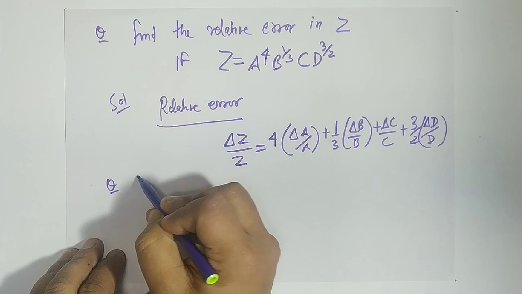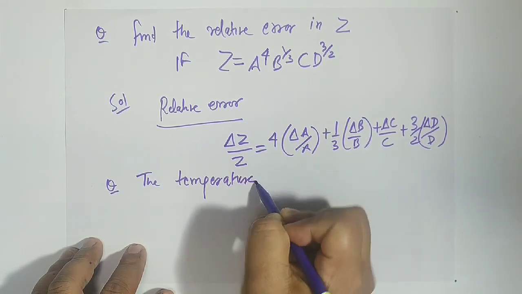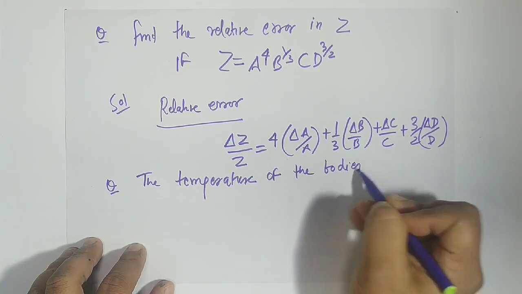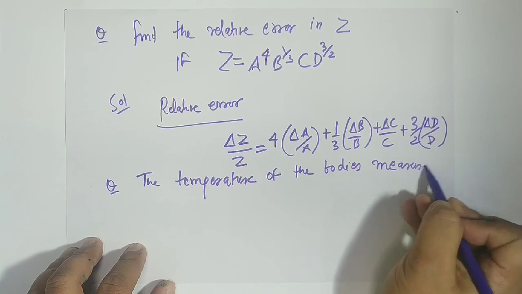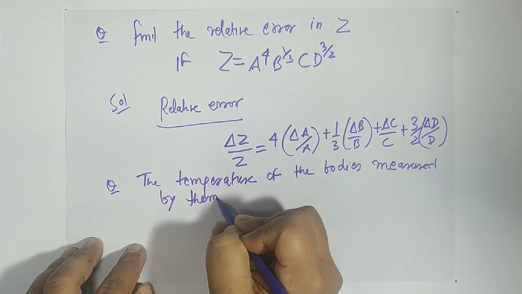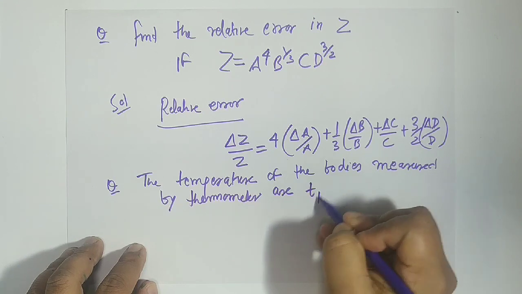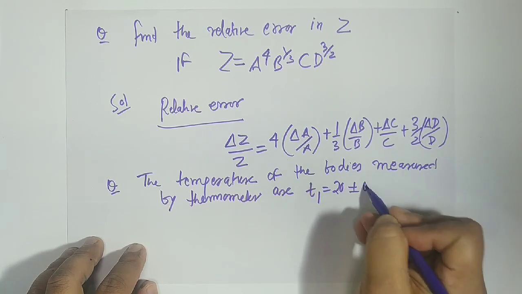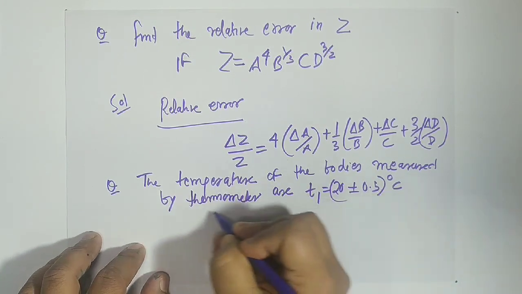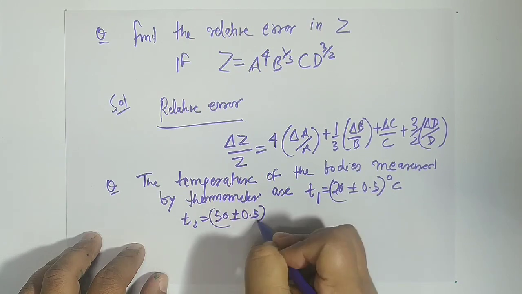Another question: the temperature of two bodies measured by a thermometer is given as T1 equal to 20 plus minus 0.5 degrees Celsius and T2 equal to 50 plus minus 0.5 degrees Celsius.